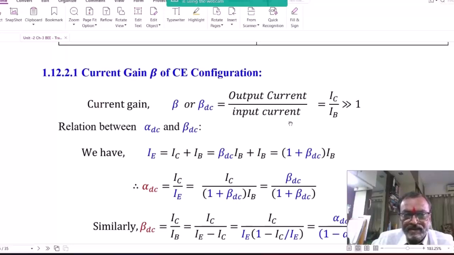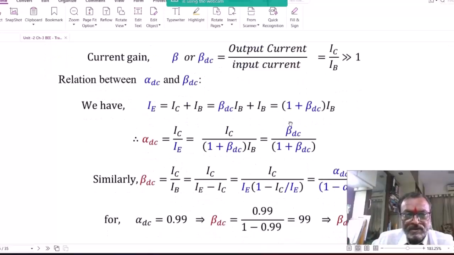Let us find out the relationship between the current gain alpha DC and beta DC of common emitter configuration. Let us see the equation. IE is equal to IC plus IB, that we know. But IC is nothing but beta into IB, because IC by IB is equal to beta, just defined in the above equation.